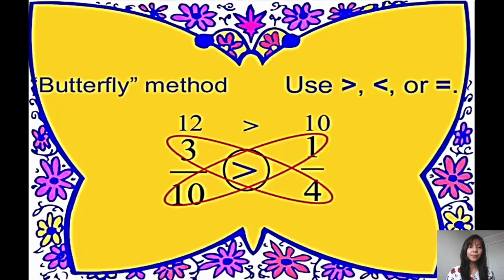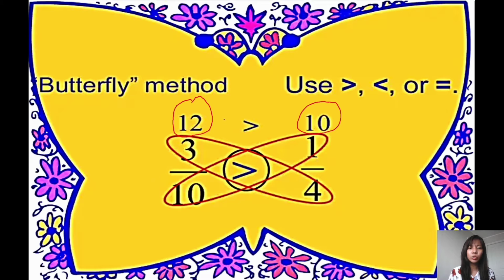So another example here, butterfly method. So it's 3. Okay, you are going to do this, you can also do the cross one. So 3 times 4, 12, right? Okay, and then 10 times 1, it's 10.